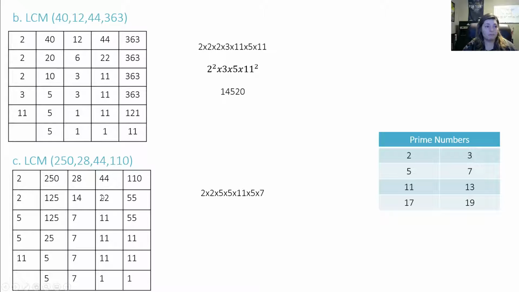Again, same thing. These are the numbers that we're wanting to find the least common multiple of. These are the simplest distinct prime numbers that we can get them down to in this column and this row. And then from there we would of course multiply, and this is our least common multiple.